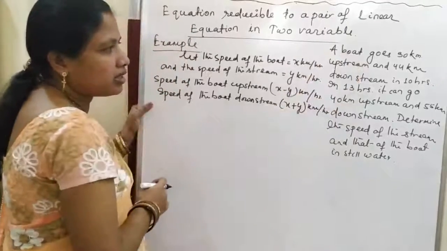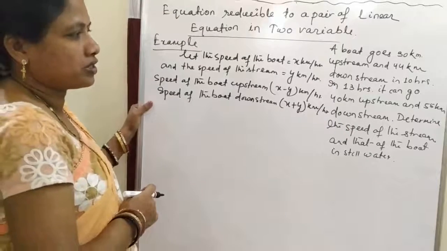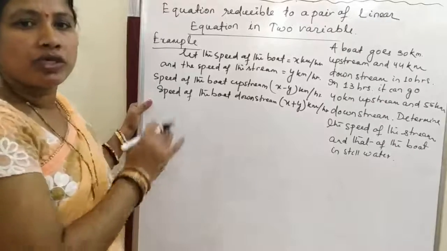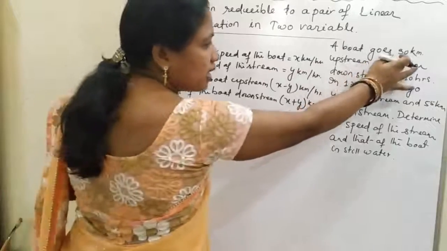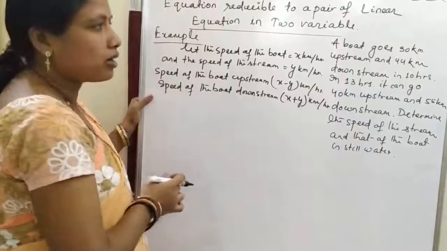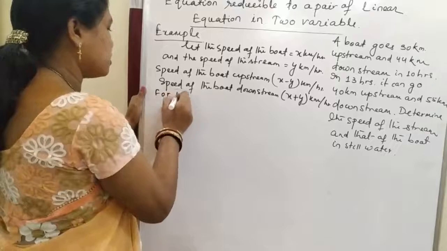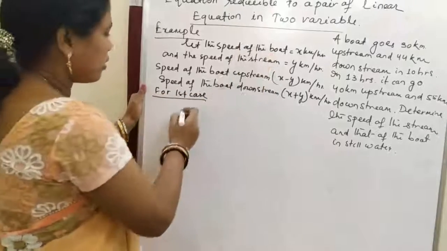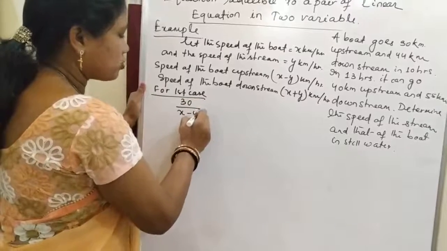Here in the first sentence it is given that the boat goes 30 km upstream. We know that time is equal to distance by speed. So in the first case, distance is 30 km and speed is x minus y km per hour. Then what will be the time? For 30 km upstream, the time taken is 30 by x minus y.